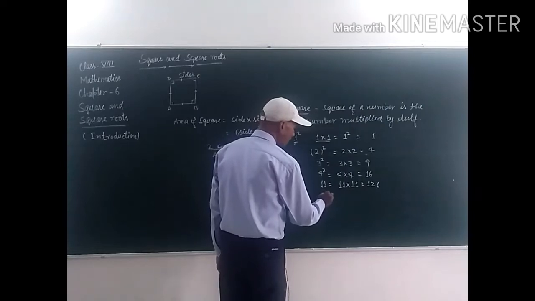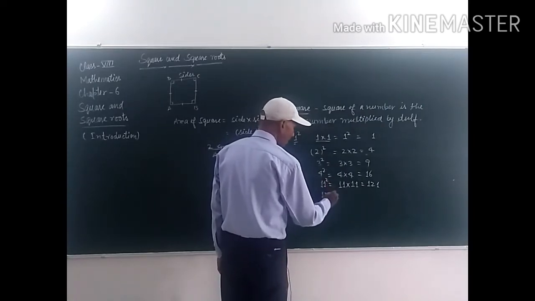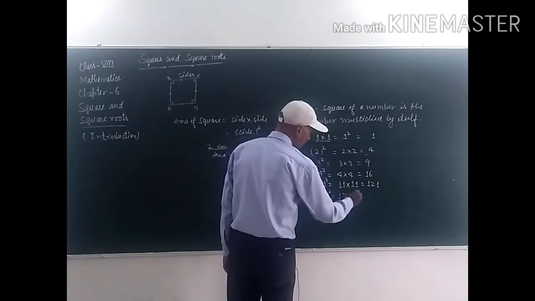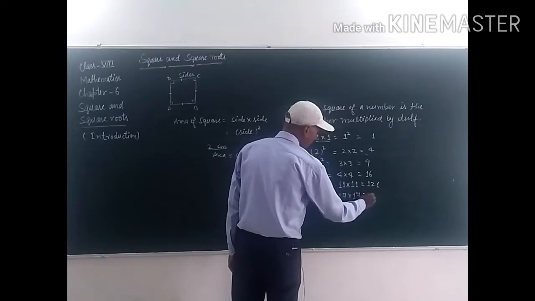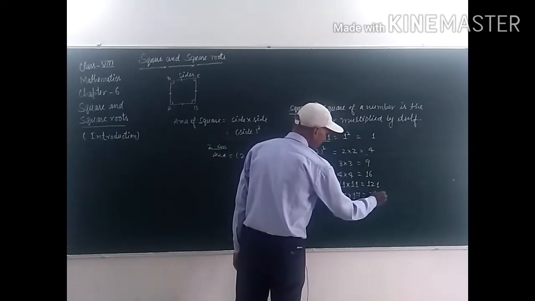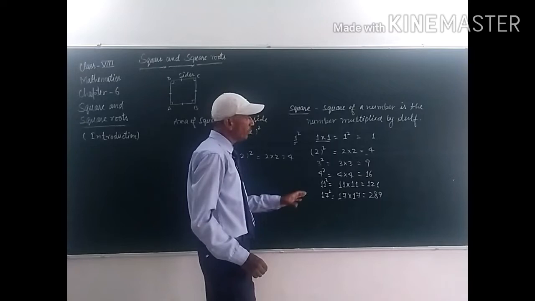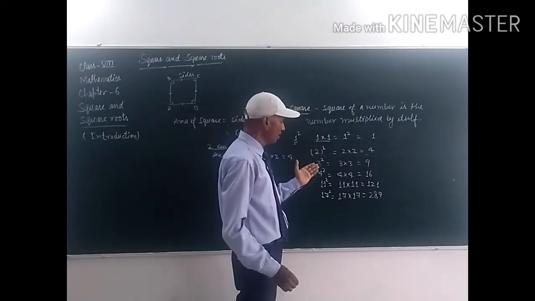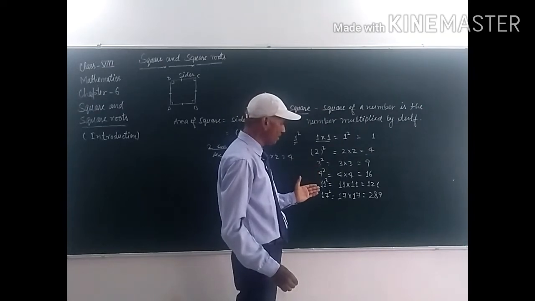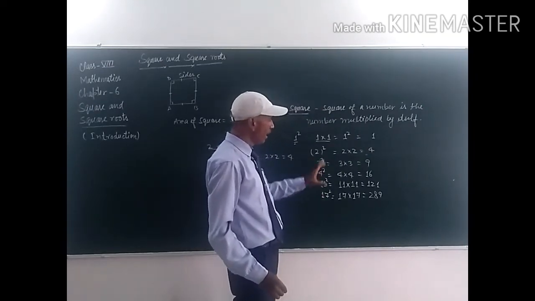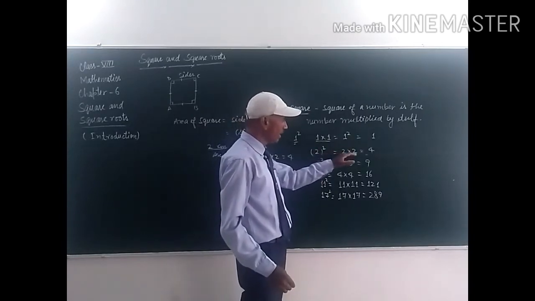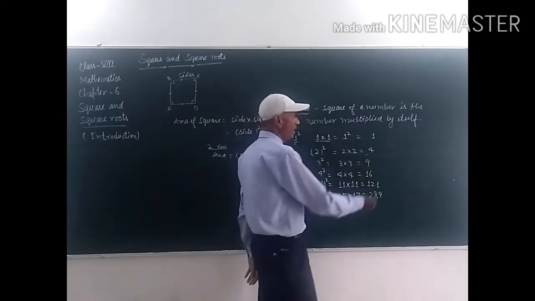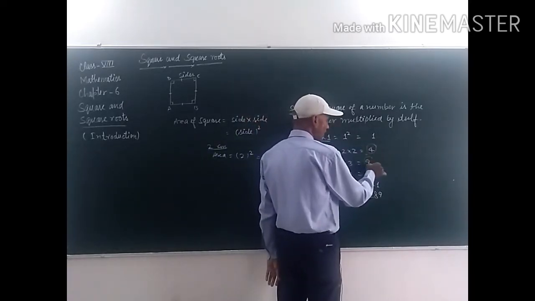And square of 17, it means 17 into 17 and it will be 289. Clear, students? These numbers are square numbers. 2 square, 3 square, 4 square, 11 square, 17 square. Clear? And when we multiply the number by itself, we get the perfect squares. And these numbers, these are the perfect squares.